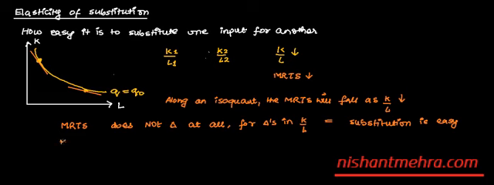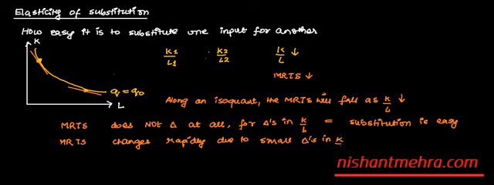Well, if MRTS changes rapidly due to small changes in K by L, we say that substitution is difficult.